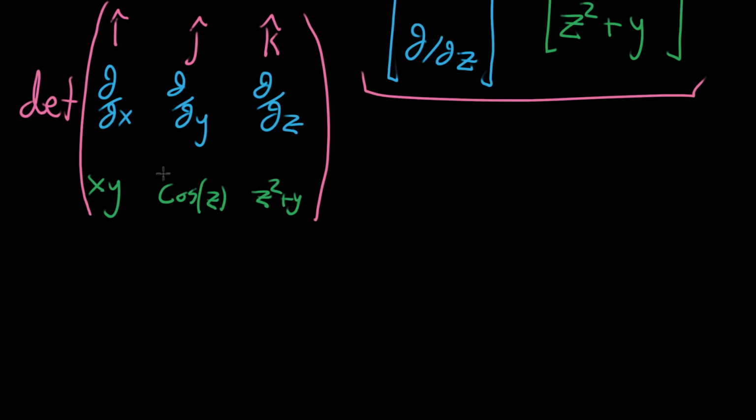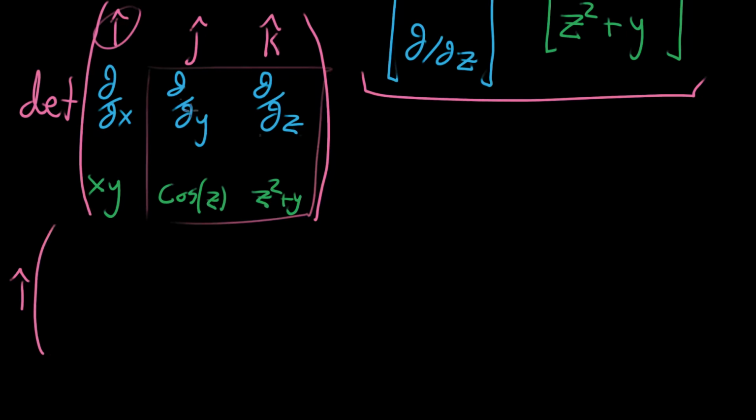And this is going to be broken up into three different parts. The first one, we take this top part, i, and multiply it by the determinant of this submatrix. So when we do that, this subdeterminant, we're taking the partial derivative with respect to y of z squared plus y. Now, as far as y is concerned, z looks like a constant, so z squared is a constant, and the partial derivative of this entire guy is just 1.